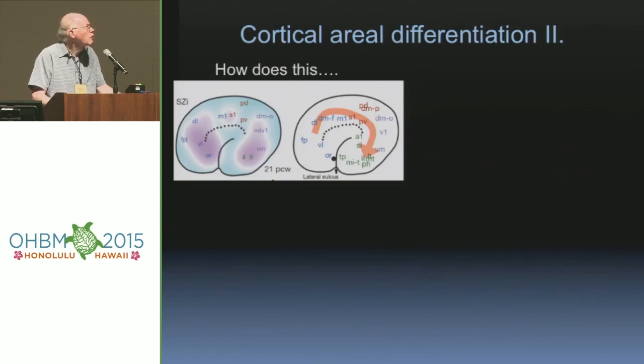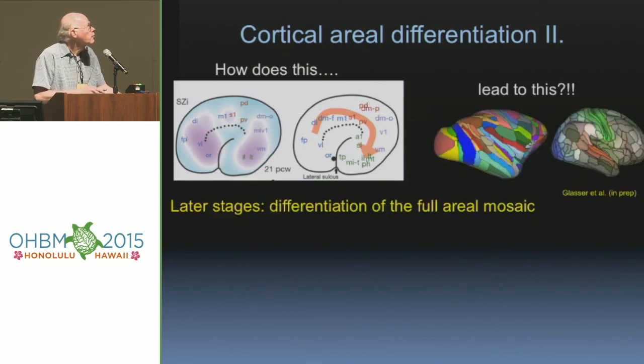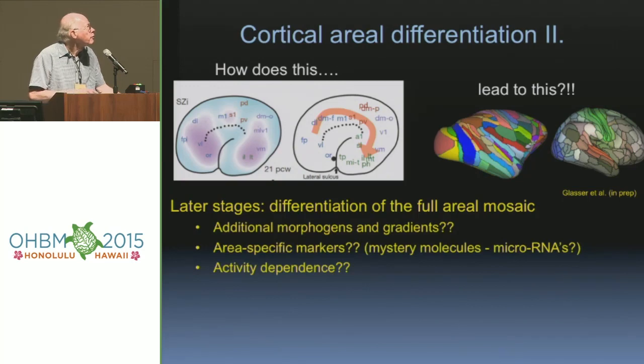So an unresolved, fascinating challenge is how these various molecular markers give rise to differentiation of a highly granular cortical areal mosaic. Are there additional morphogens that just haven't been found yet that are more sharply delineated?